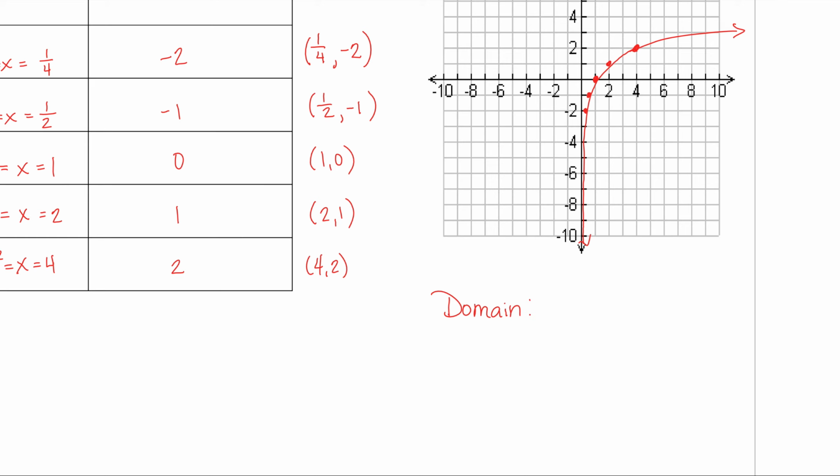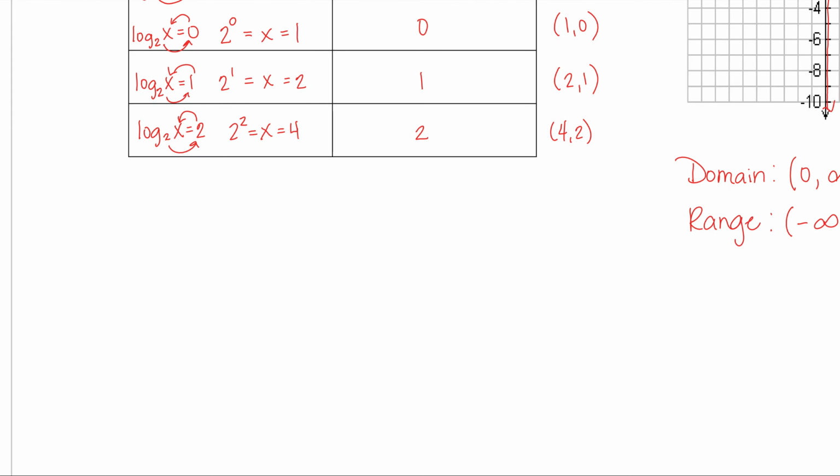It looks like it's never going to pass that y-axis, so I know it's going to go from 0 to positive infinity in this case for the domain. And the range is actually going to be from negative infinity to positive infinity. So for logarithms, our boundaries are flip-flopped.